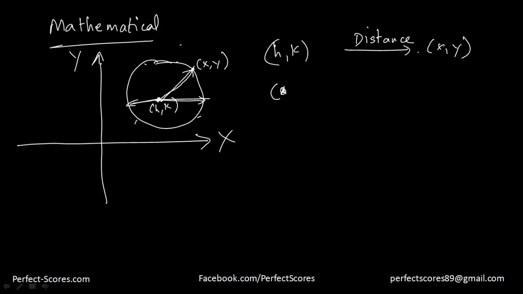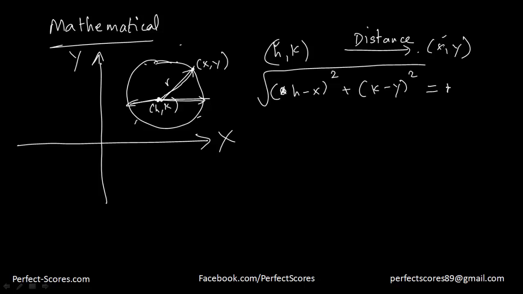That is going to be the square root of x2 minus x1 whole square, which is h minus x whole square, plus y2 minus y1 whole square, which is k minus y whole square, and this is equal to the distance, which is the radius.